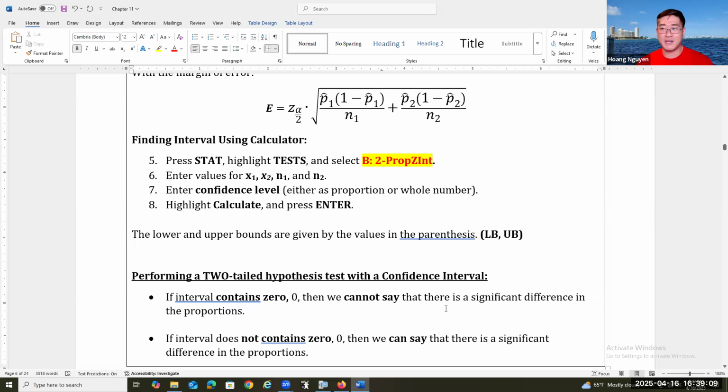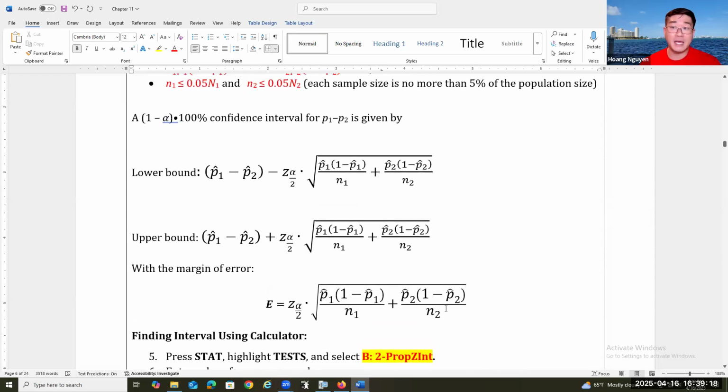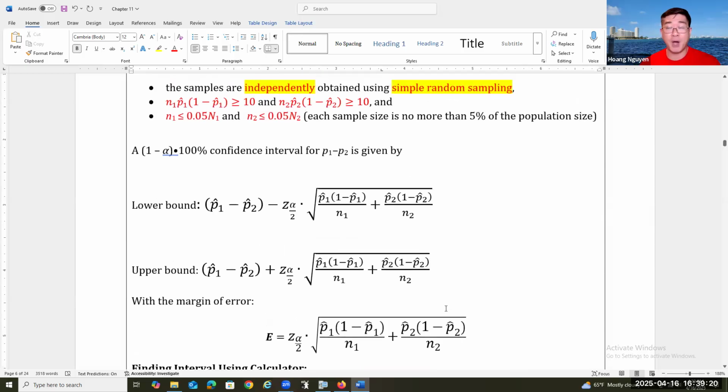Based on the confidence interval, we might actually get the same conclusion as the hypothesis test, because you want to estimate if there is a difference between the two population proportions, right? If there is no difference between the population proportions, when you subtract the two population proportions, the difference will be 0.